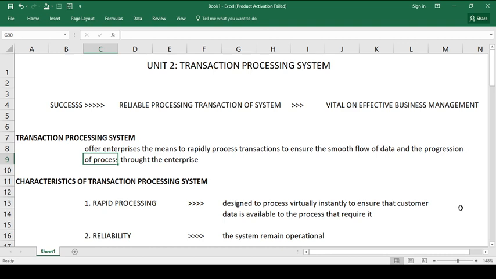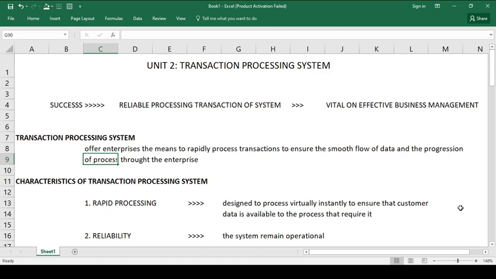So from the time the data, the raw data, is entered into the system, how is it processed properly, so that it can provide information that is very much useful for management? So that is the transaction processing system.